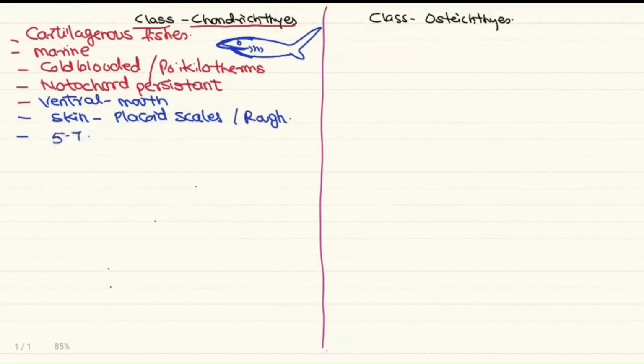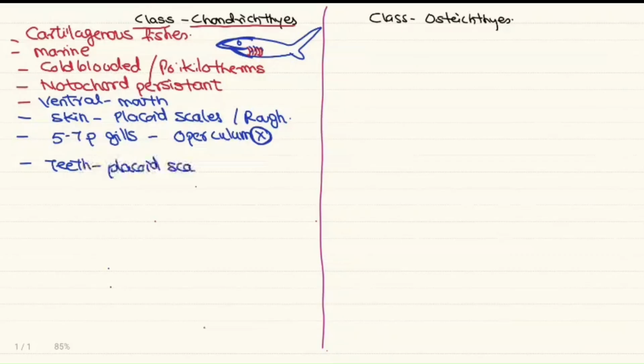There are basically 5 to 7 pairs of gills, and you can see in the diagram that these gills are clearly visible in the pharynx. So these gills are not covered by the operculum. The operculum, a plate-like covering, is absent in Chondrichthyes. Teeth are also made up of the same placoid scales. So placoid scales are modified into teeth and these are generally directed backwards.